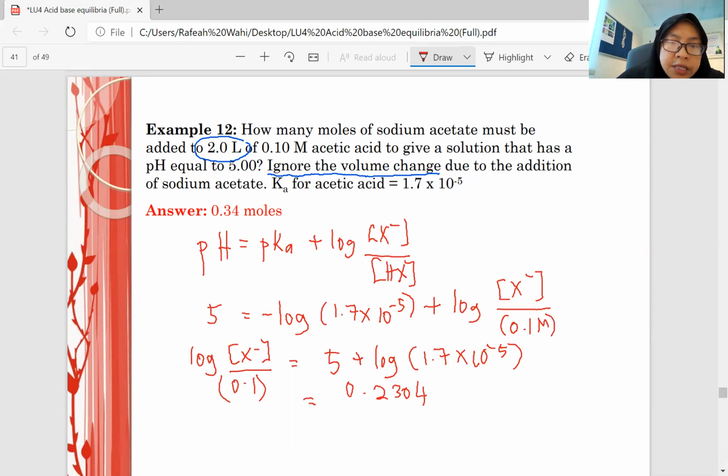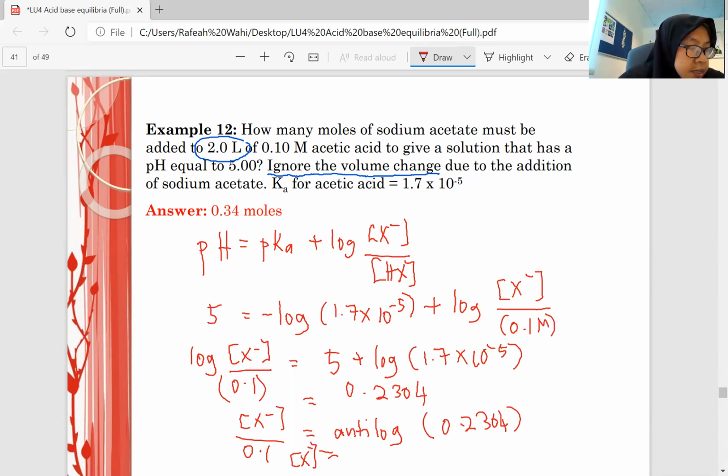So what you want to do is take the anti-log of 0.2304, and then you will get the concentration of the conjugate base, which is 0.1699.